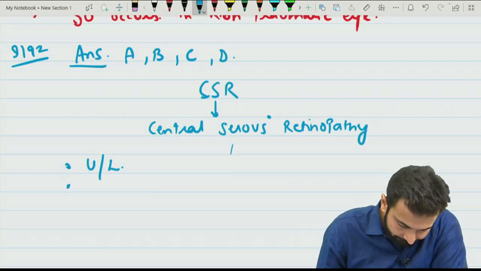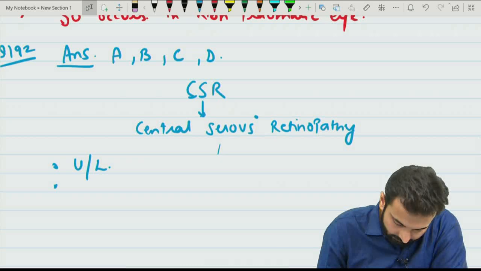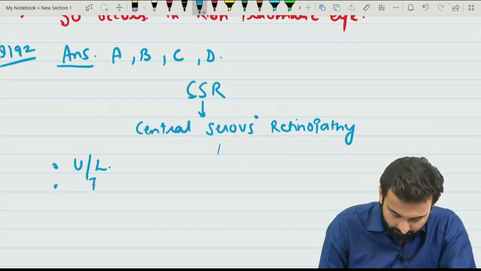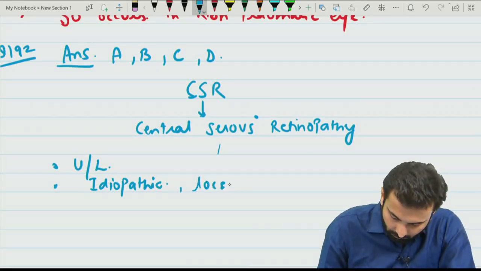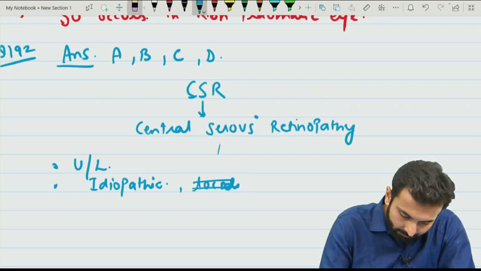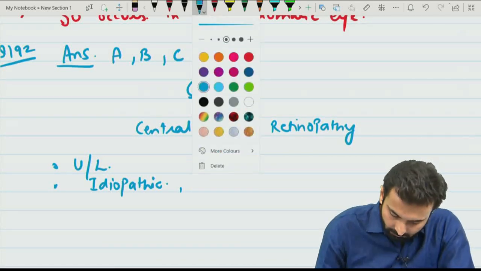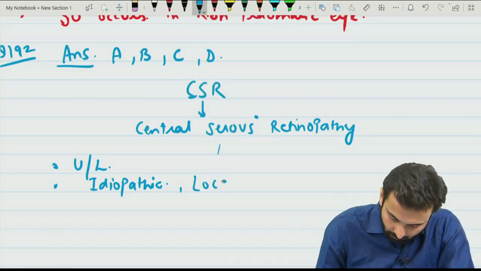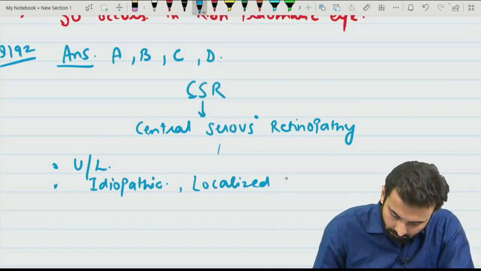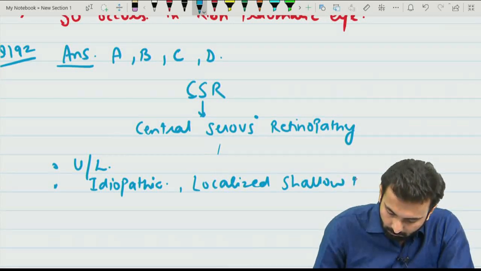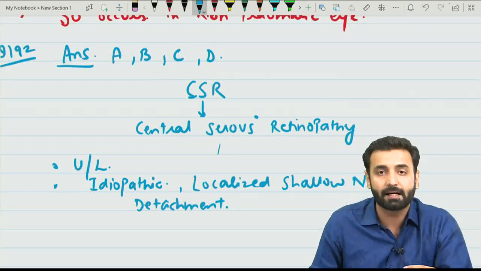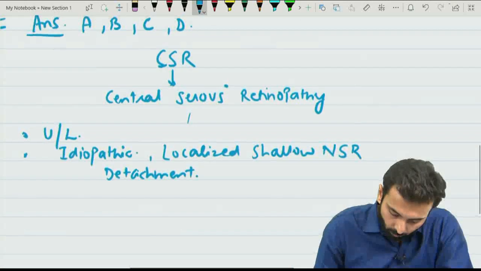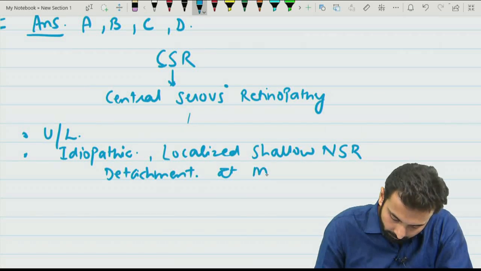Now what is CSR? CSR is an idiopathic condition in which there is a localized, shallow neurosensory retinal detachment at the macula, right?